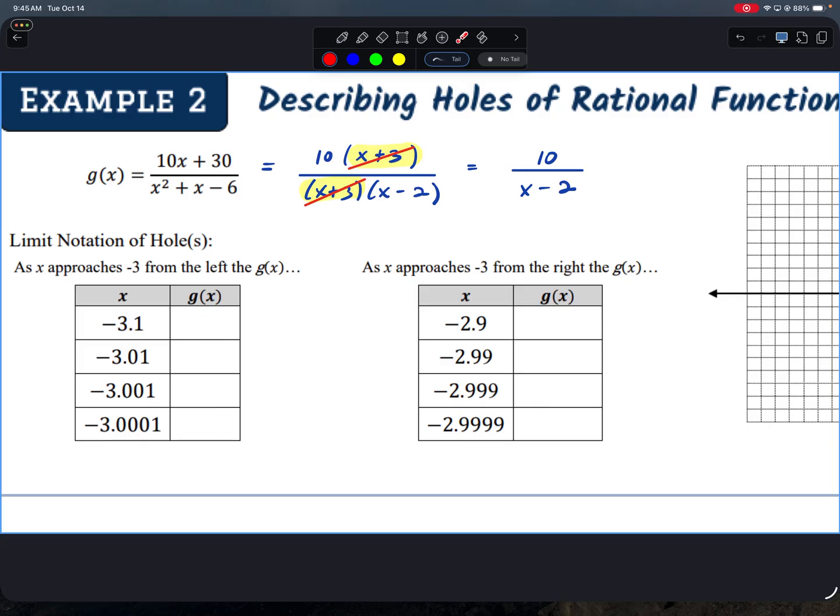But notice that we're actually not plugging in -3, we're plugging in numbers that are really close to -3. So what I want you guys to do to practice this is open up the table and tell your calculator what you're plugging in. So type this into Y1 and test some values. So practice doing this because this is important. And if you guys need help, raise your hand.